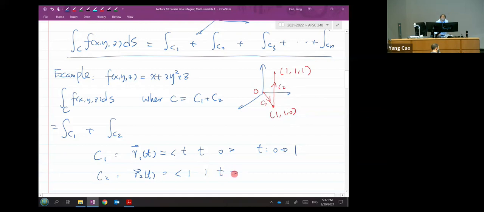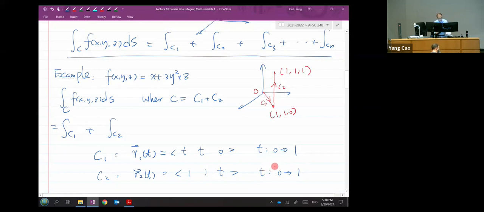So I choose a t representing the z change. The t again goes from 0 to 1. And that's our choice when we did the example in the lecture. But of course, as I said, you can certainly come up with a different parametric equation, but then the limits for t will change accordingly.